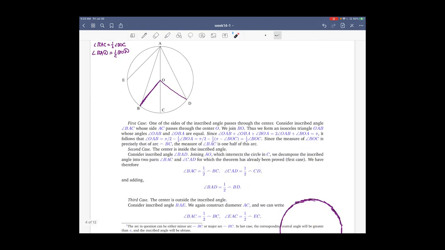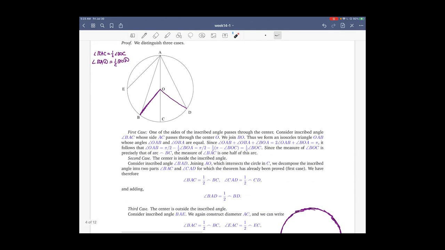So let's look at case 1. One of the sides of our inscribed angle, BAC in this case, contains the center. Well, let's join B and O like in our picture.